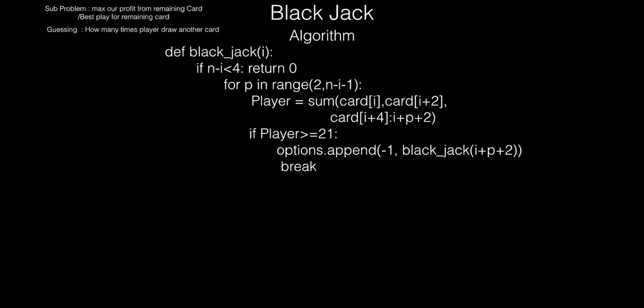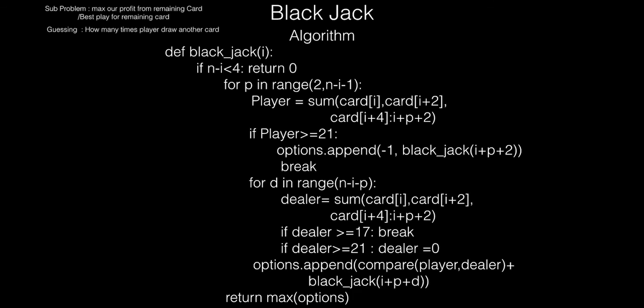Here you can see the player first checks his cards, and if it's greater than 21, we add a lose value and recursively calculate the player's next game, and then the next. The last game result will be added first. Also, in the dealer scenario, we do the same thing. If greater than 21, we win, or else we compare the cards.